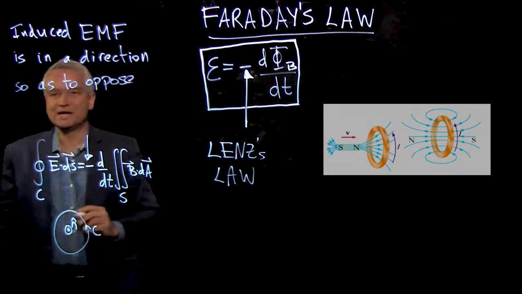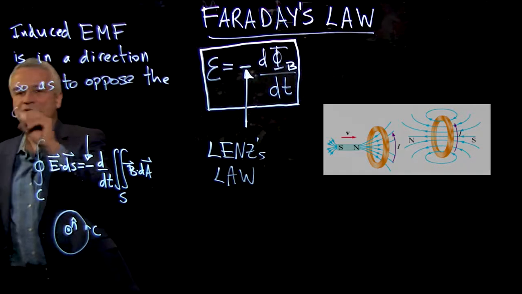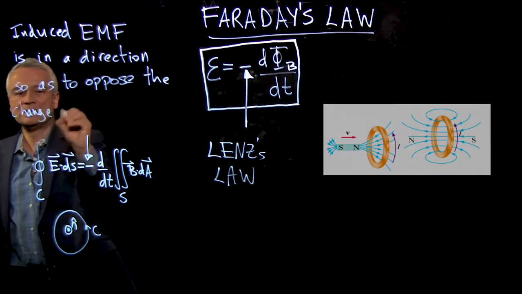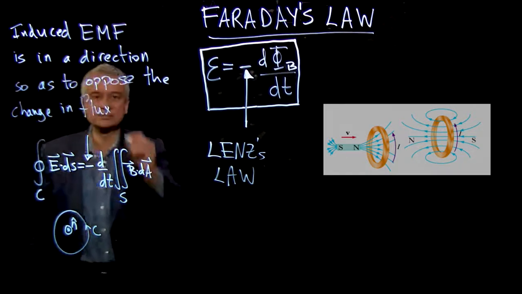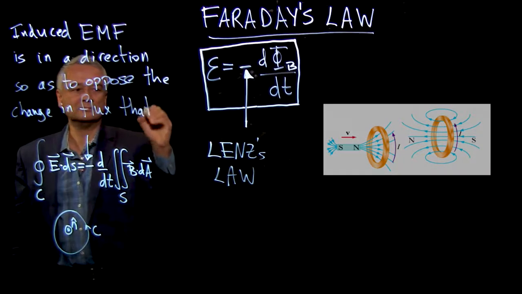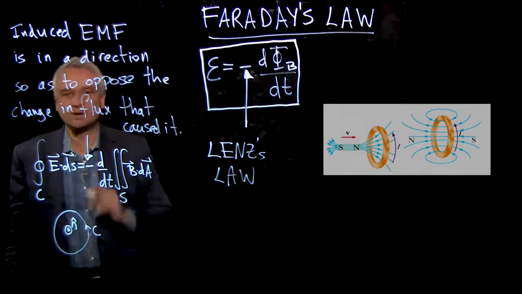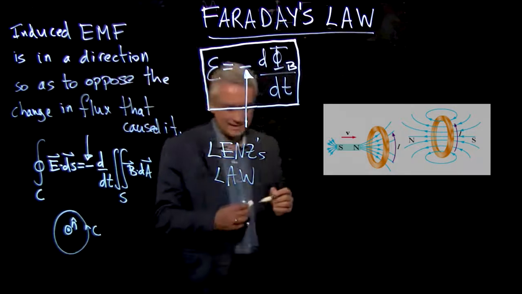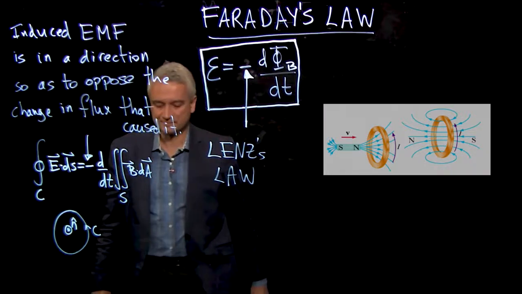So the induced EMF is always in a direction so as to oppose the change in flux that caused it. That is Lenz's law in words. And Lenz's law in equations is the statement that, hey, there's a minus sign here.